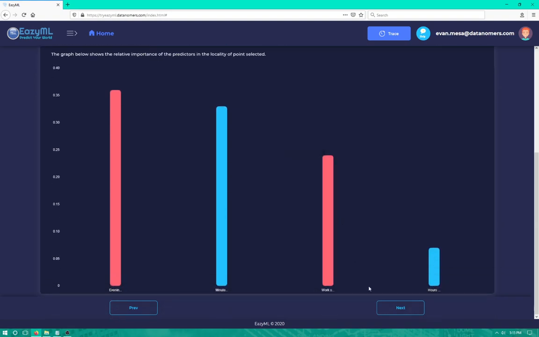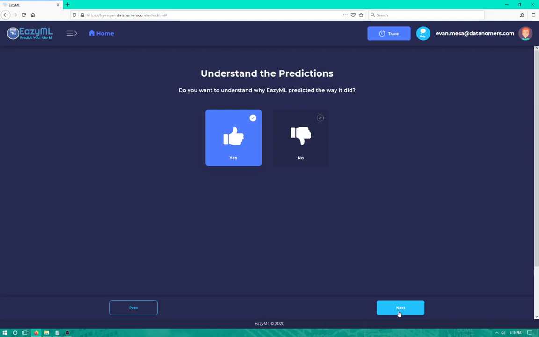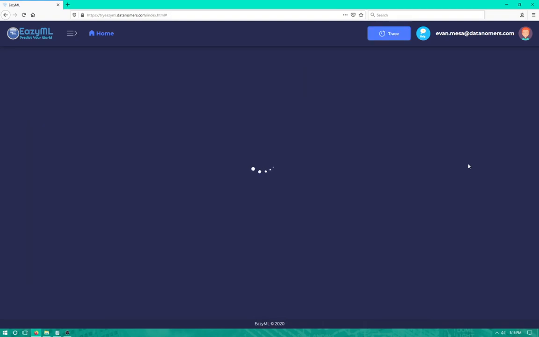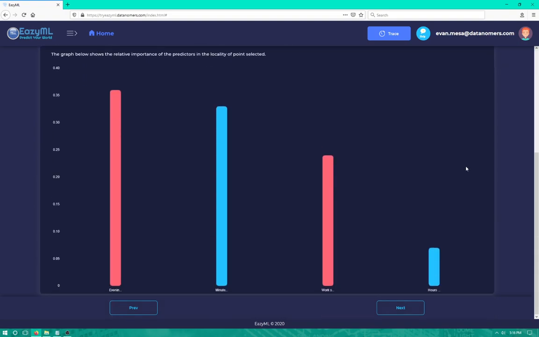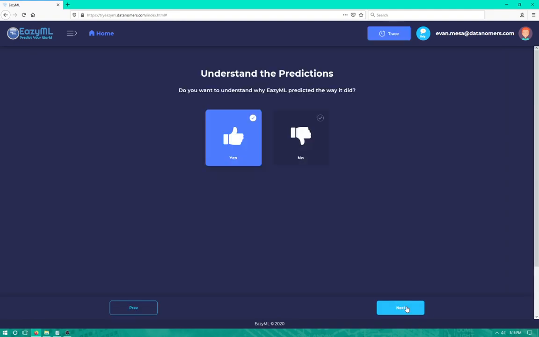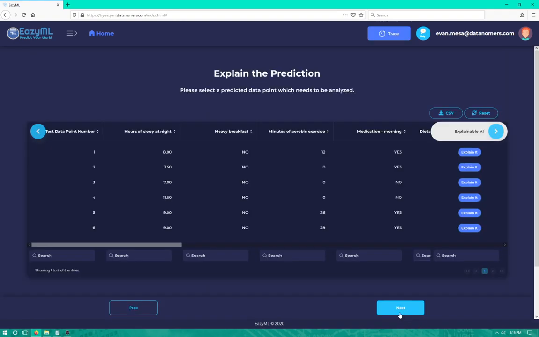It's just pretty cool. It shows what's the most important and how important it is. You can do this for each row, so for each row of your data set. That's what's pretty awesome about this platform. It's really easy to use, as the name pertains, and it tells you why it's doing it.